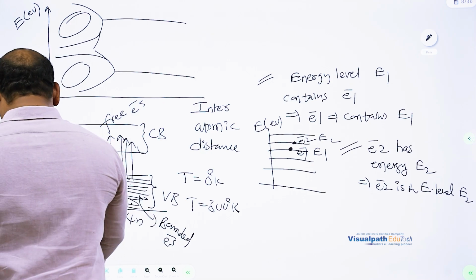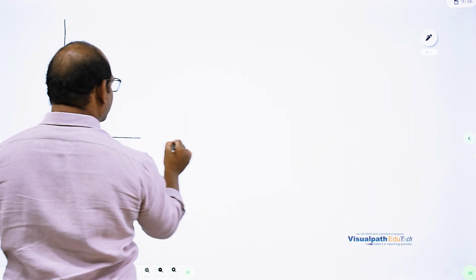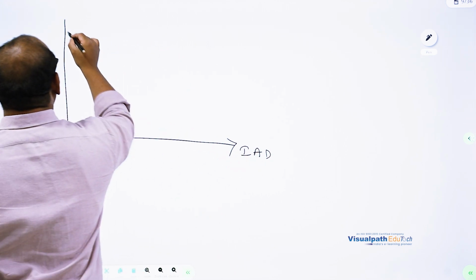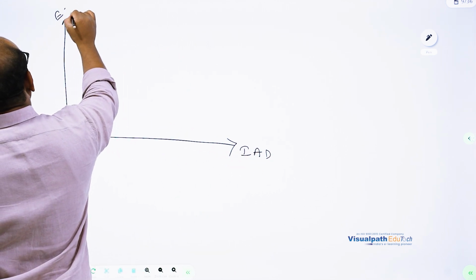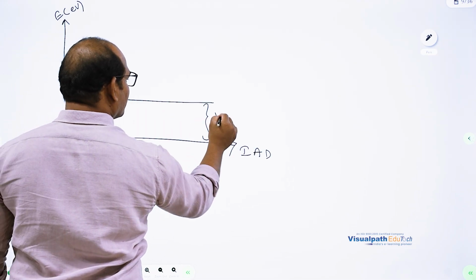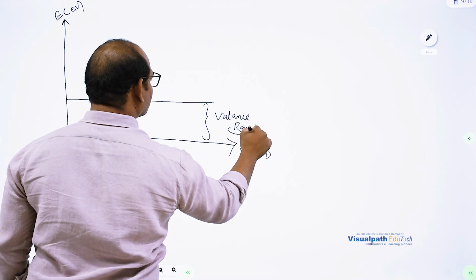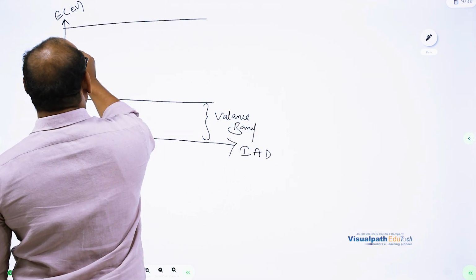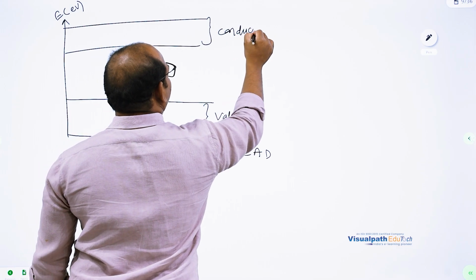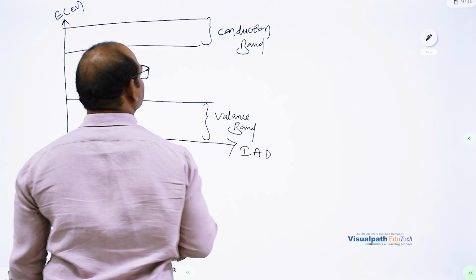Okay. Now, I am going to take this one separately like this. This is interatomic distance, and on the y-axis I am taking energy in electron volts. So, this is the valency band, and here another band is there, that is the conduction band.